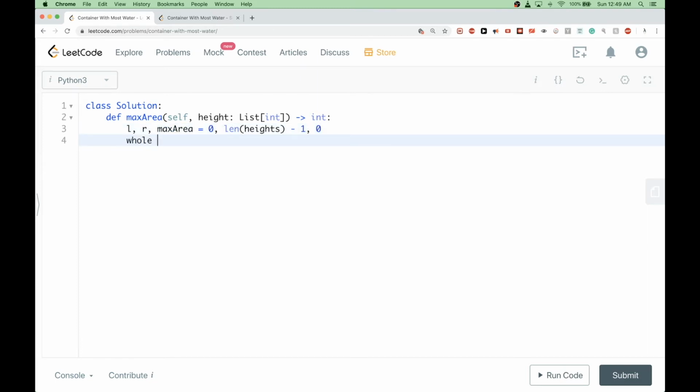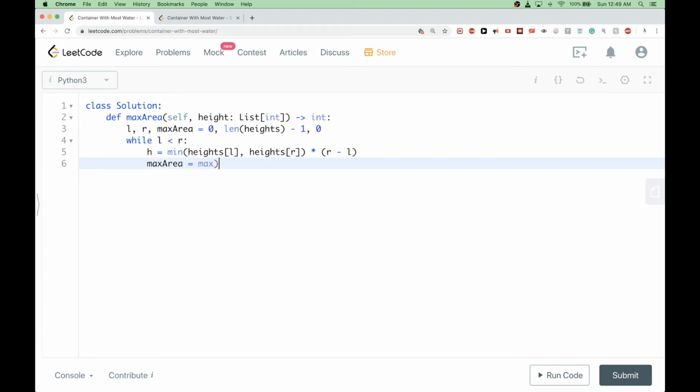And then while the 2 pointers haven't crossed each other, we are going to determine the height, which is just the minimum of the 2. And the same way as the brute force, multiply that by the width, which is R minus L, and then from there see if this gives us a better max area.